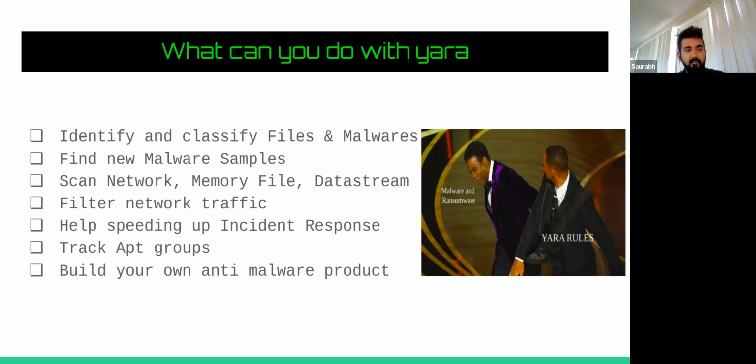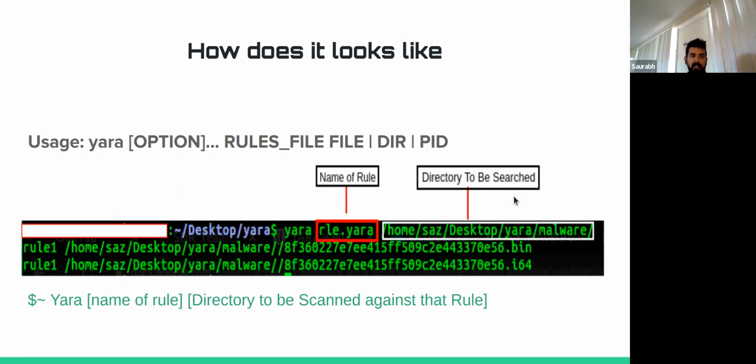So how does Yara look? If you're using a Linux based system, this is how it is. You write yara and then the name of the rule file, and then the directory which it has to be scanned against.